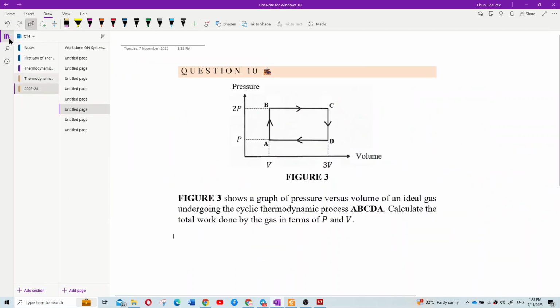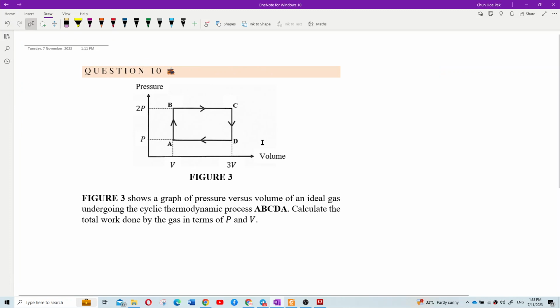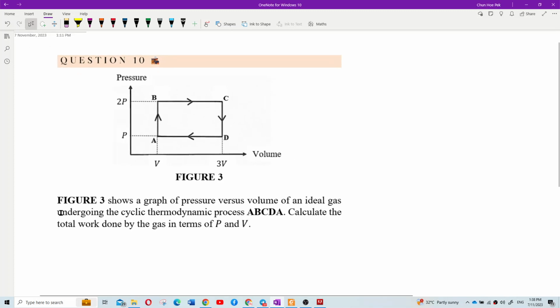Okay. Ini dia. Tengok macam mana buat. Figure 3 shows pressure versus volume of ideal gas undergoing cyclic thermodynamic process.